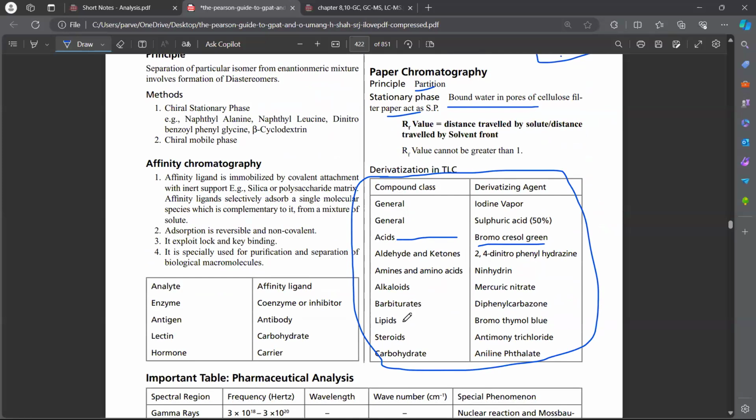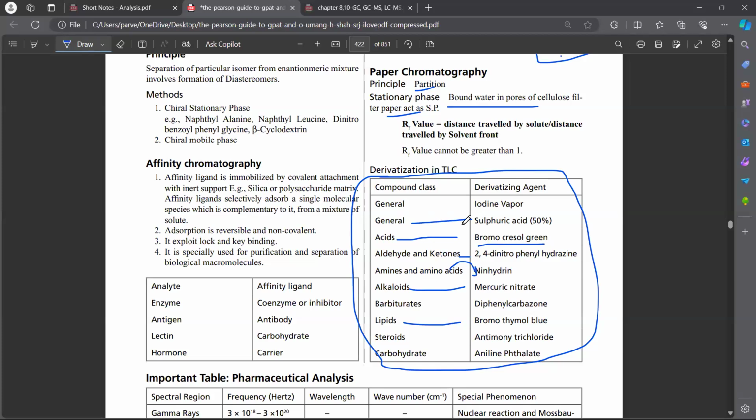For example, for lipids, bromothymol blue is used. For alkaloids, mercuric nitrate is used. For amines and amino acids, ninhydrin, as you also know, is the classical identification test. For aldehydes or ketones, we use 2,4-dinitrophenylhydrazine. For general detection, sulfuric acid is used. It is also known as which agent, guys?